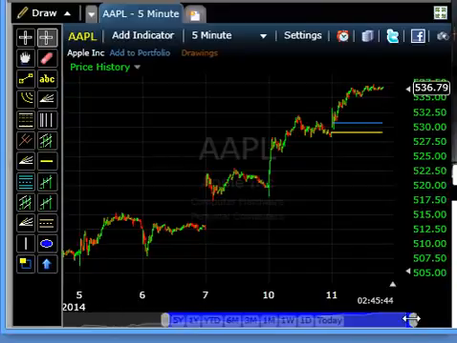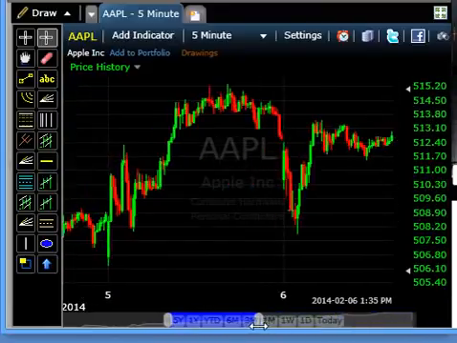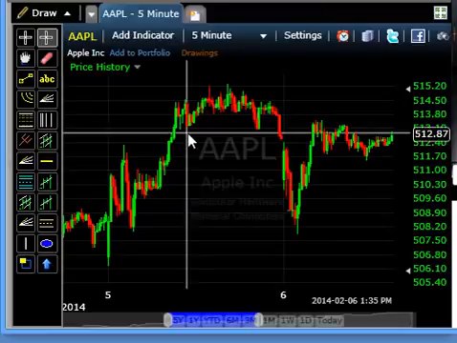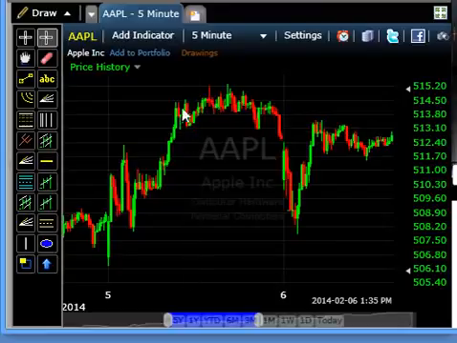So on the 5th, we can zero in on that. By the way, I'm using a free site called freestockcharts.com for these examples. So we can see this ranging movement here, and then as we get into lunchtime and the end of the day, we start to see more of a range.